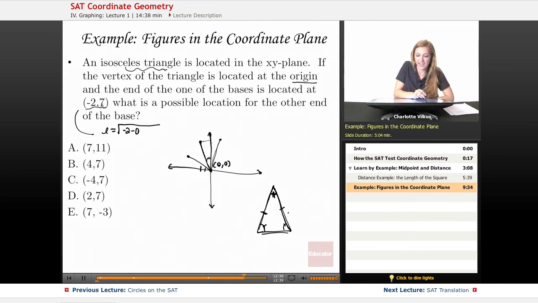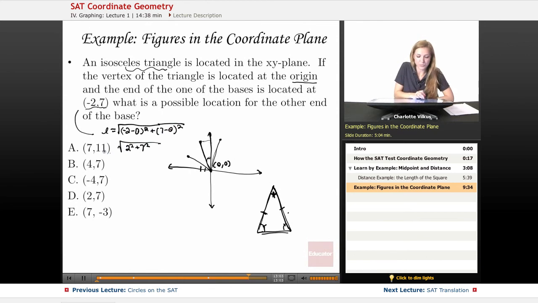I have the origin and this one, and that's important to remember, plus (7 minus 0)². So basically I have the square root of 2 squared plus 7 squared, and I have to figure out one of these points that's going to give me another length that's that same amount.